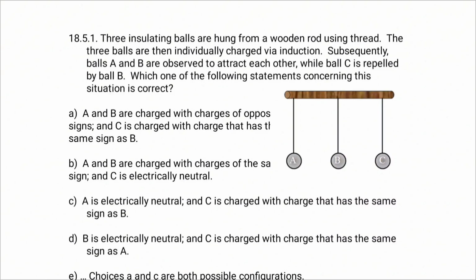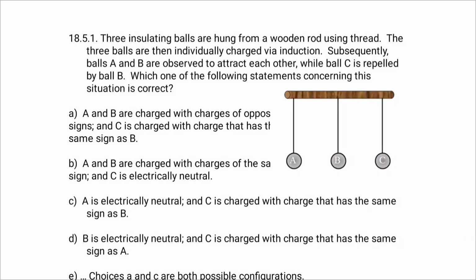Is it A: A and B are charged with charges of opposite signs, and C is charged with a charge that has the same sign as B. Or B: A and B are charged with charges of the same sign, and C is electrically neutral. C: A is electrically neutral, and C is charged with a charge that has the same sign as B. Or D: B is electrically neutral, and C is charged with a charge that has the same sign as A. Or E: choices A and C are both possible configurations.